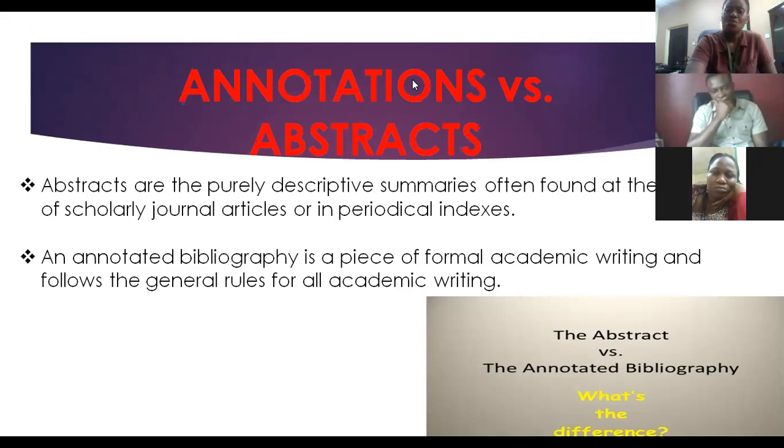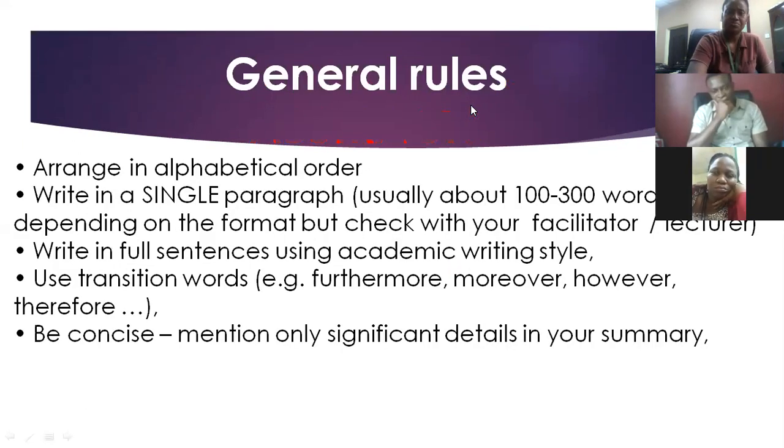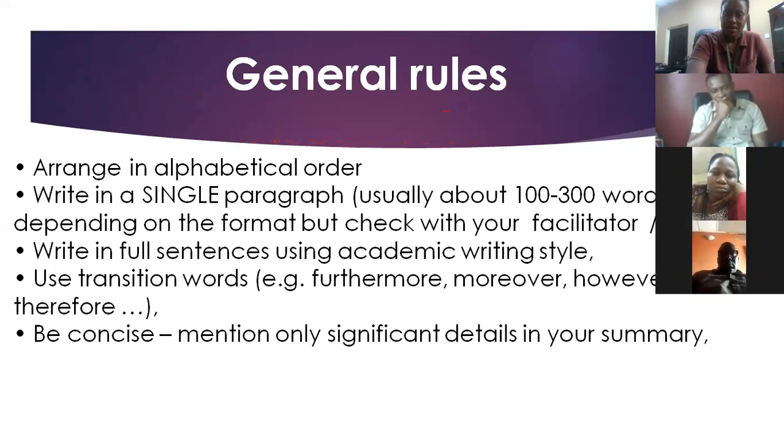And what are these general rules? As you can see from the screen, they are arranged in alphabetical order. You write in a single paragraph, usually about 100 to 300 words, depending on the format, but check with your facilitator or lecturer to be sure.